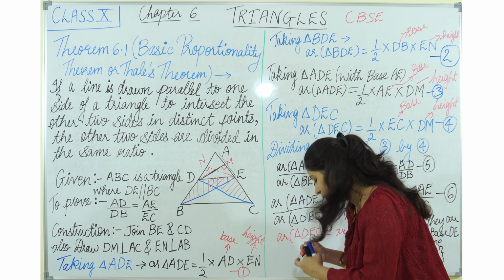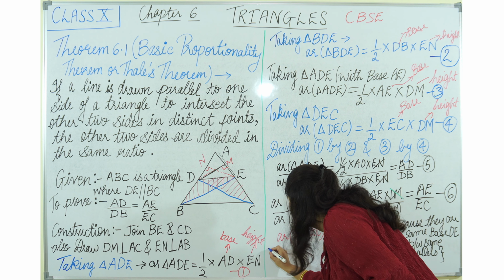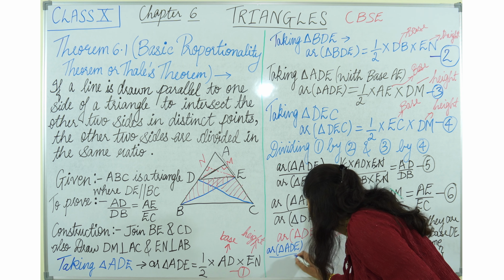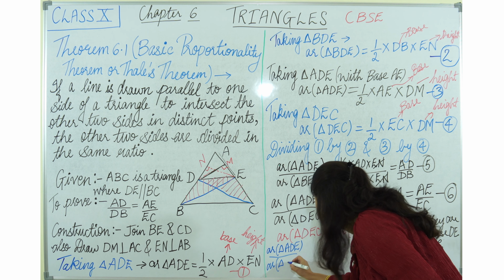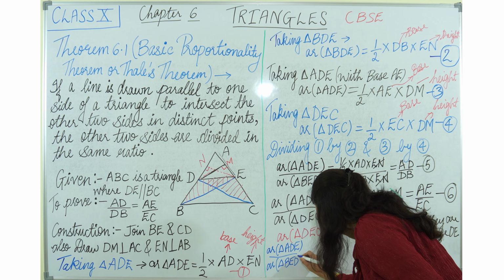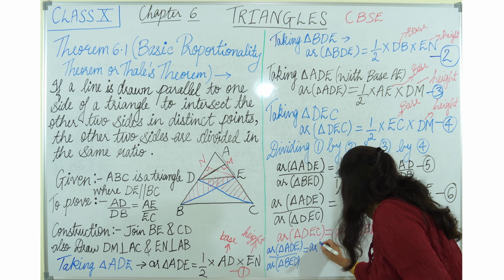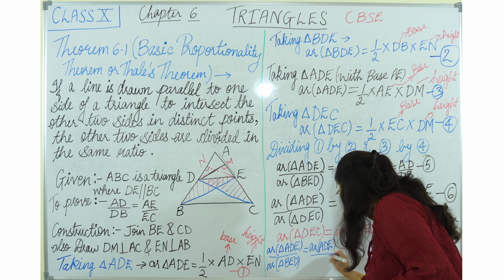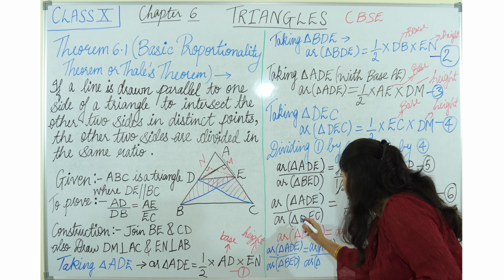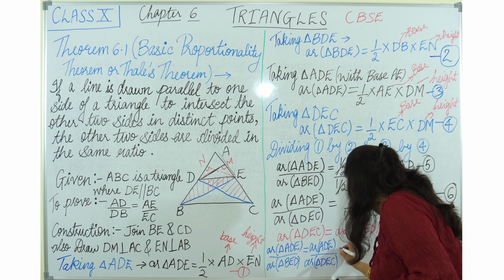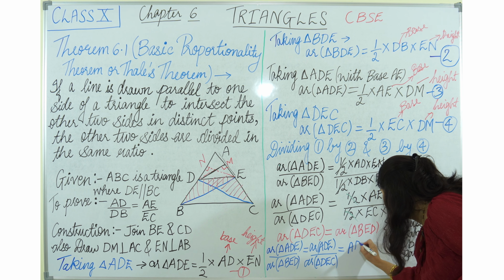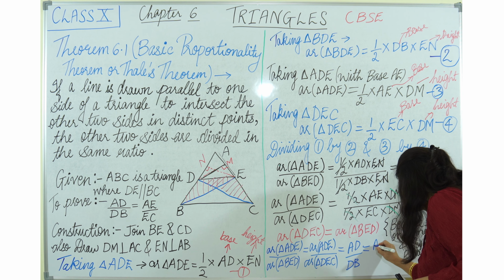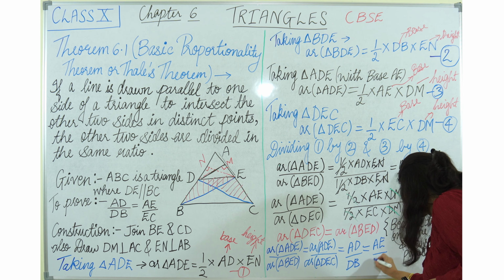So we come to the conclusion that area of triangle ADE upon area of triangle BED is equal to area of triangle ADE upon area of triangle DEC is equal to AD upon DB, and which is equal to AE upon EC.